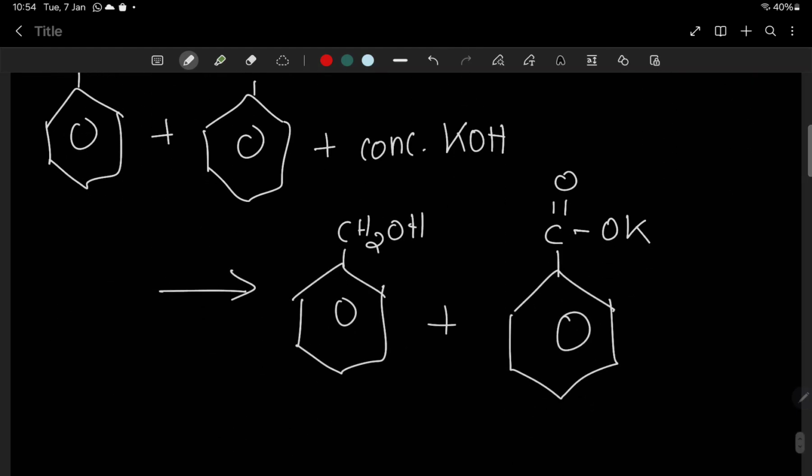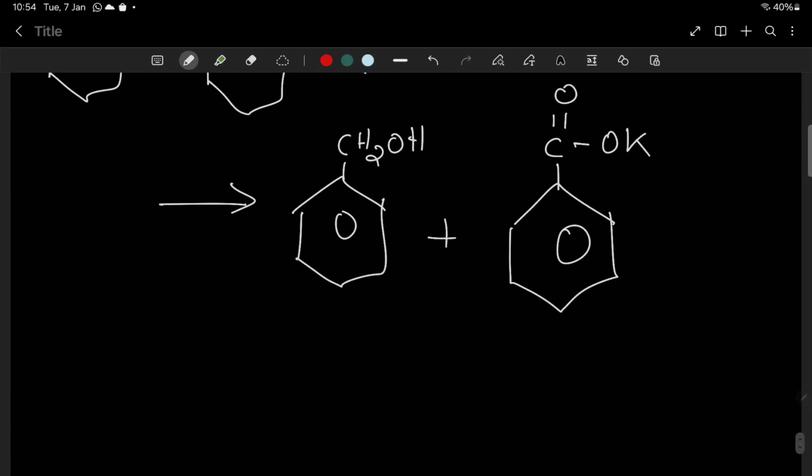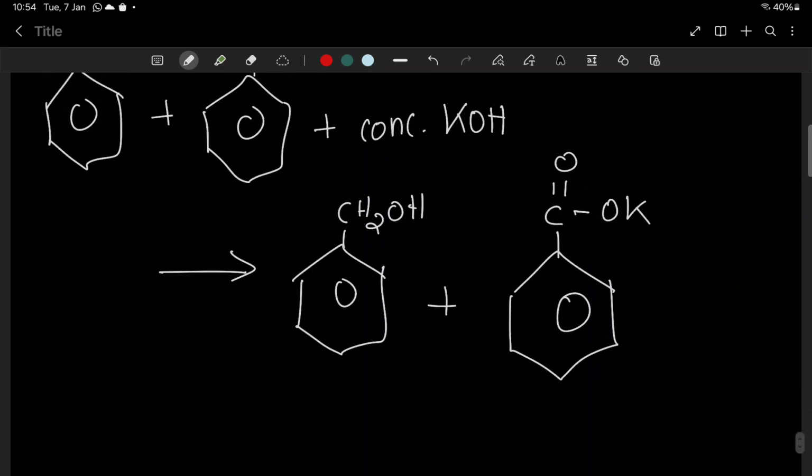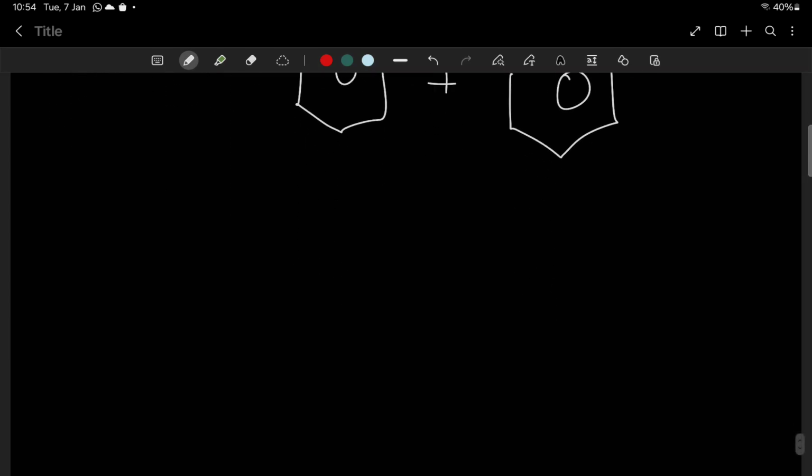These are the 2 compounds we are getting. So this is the Cannizzaro reaction. A compound without alpha hydrogen, when reacted with concentrated KOH, forms the corresponding alcohol and the potassium salt of the carboxylic acid. Perfect.